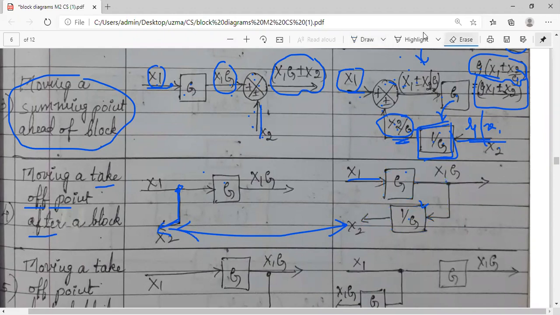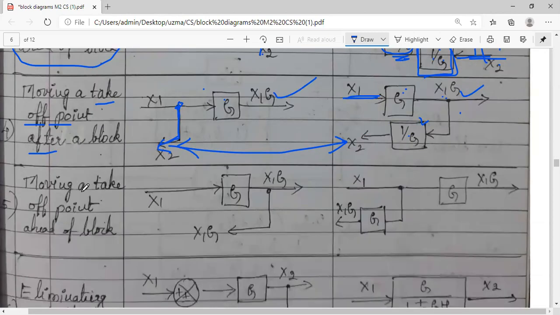In the second figure you can see what output you get. x1 is the input, this is the gain, output is x1 into g. So in both the cases, you will get the output as x1 into g. So both are equivalent figures. Now coming to the next rule, moving a takeoff point ahead of the block.